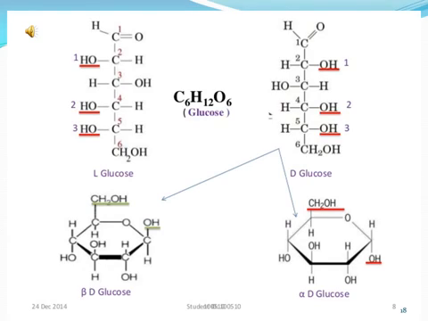In the beta form, as shown on the left side, the OH group on carbon number 1 is on the same side of the ring as carbon number 6. In other words, at carbon number 1, if the OH group attached to it is below the ring, the molecule is alpha glucose, and if the OH group is above the ring, the molecule is beta glucose.